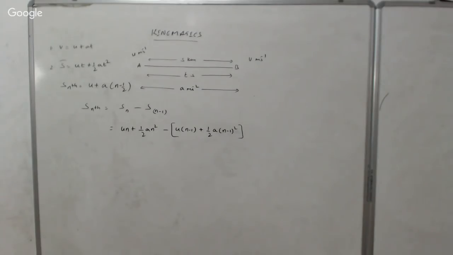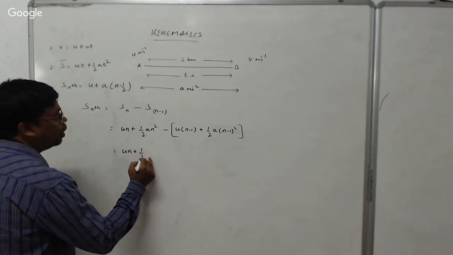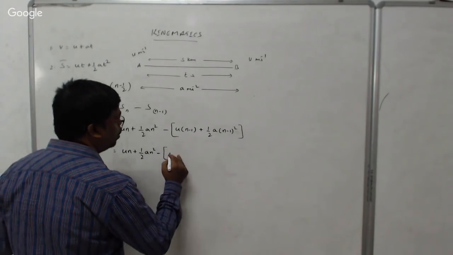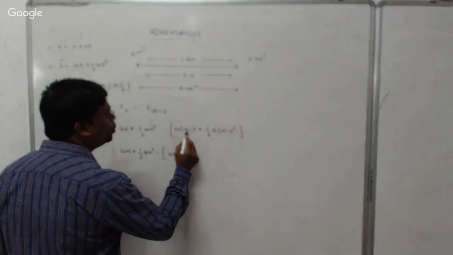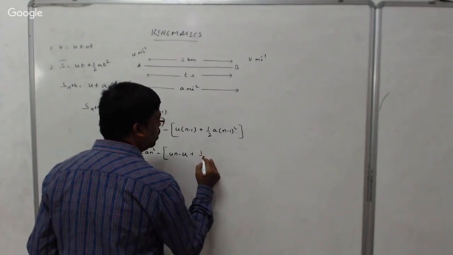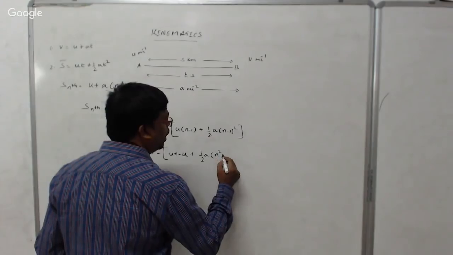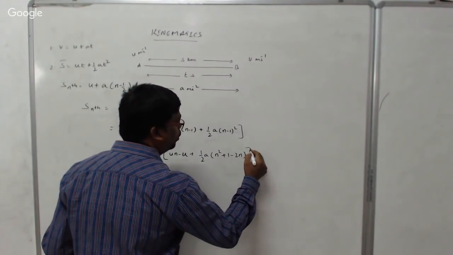That's all. Now, un plus half an square minus u into n minus u into 1 plus half a into (n minus 1) whole square, n square plus 1 minus 2n.